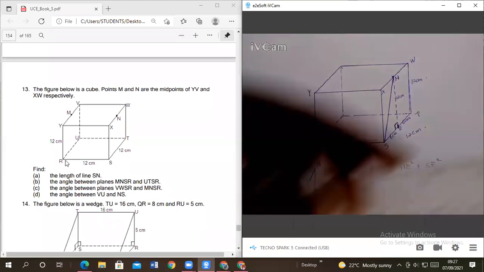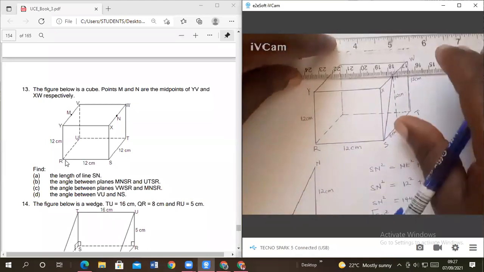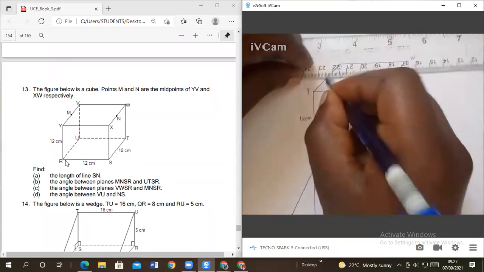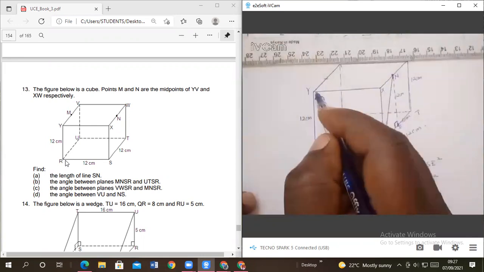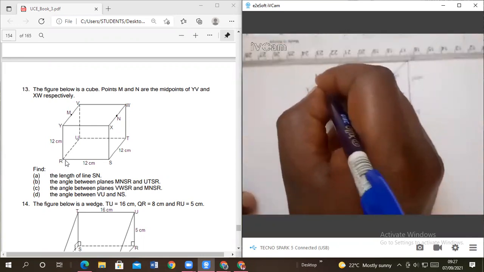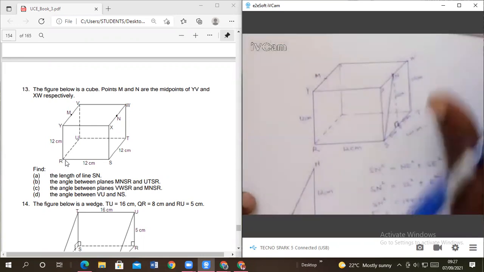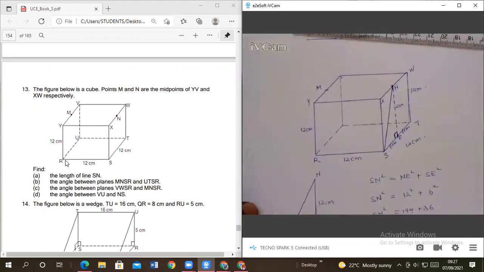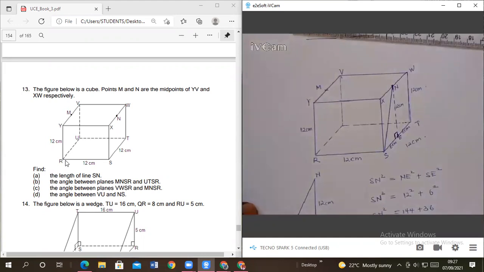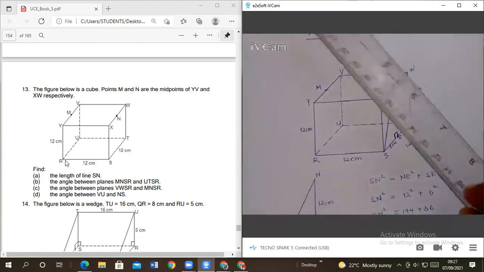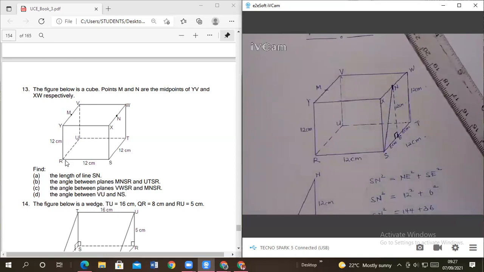MNSR. So at this point here, we have point M. That's the midpoint of Y and V. So this is V and this is U. So they are saying find the angle between planes MNSR and UTSR.